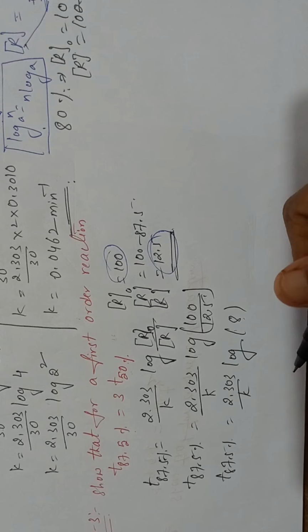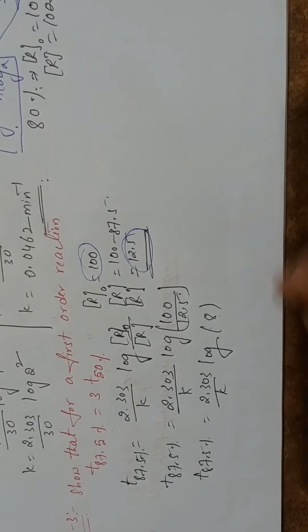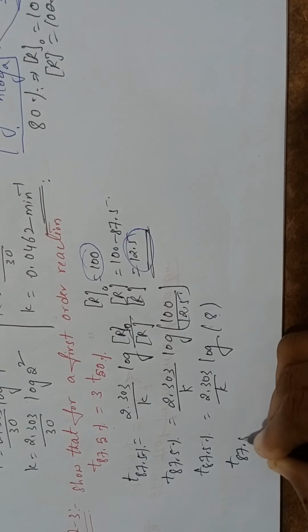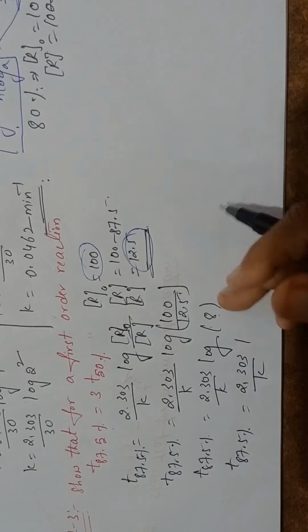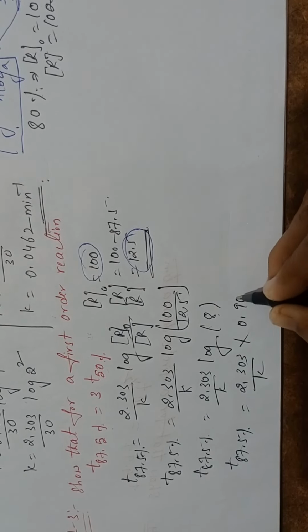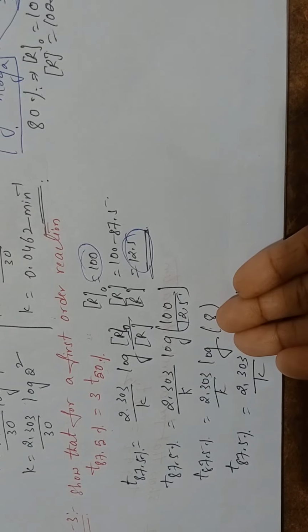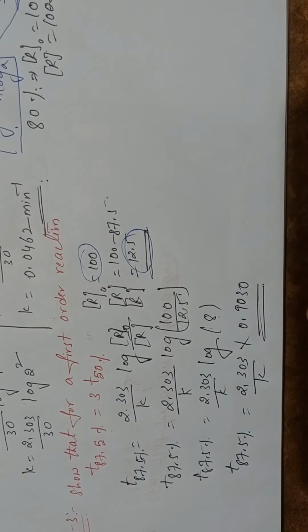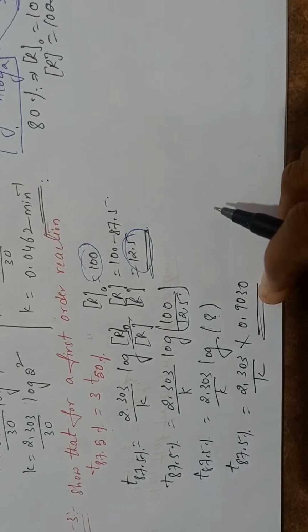This value is 0.9030. So T 87.5 is 2.303 by K into the log 8 value, 0.9030. Okay, this is T 87.5.